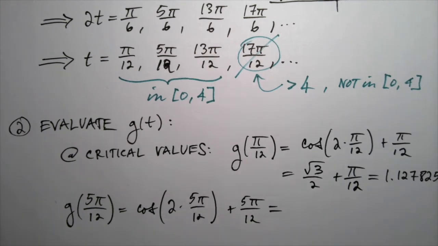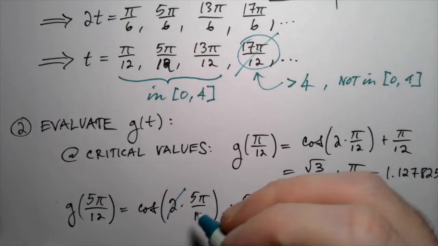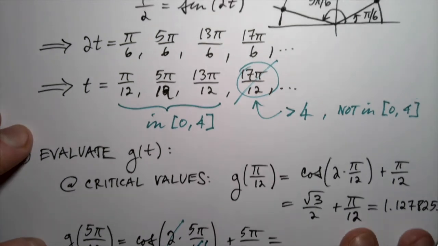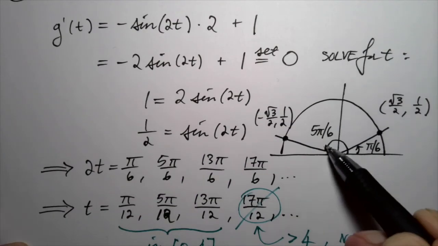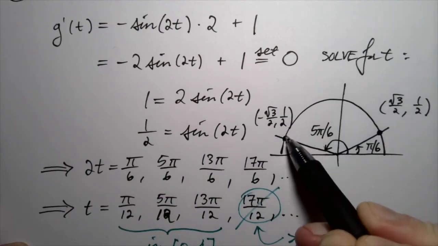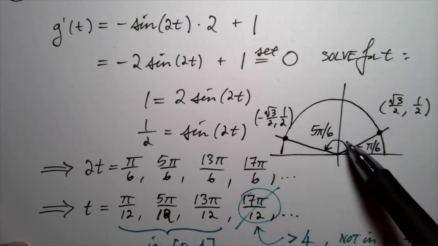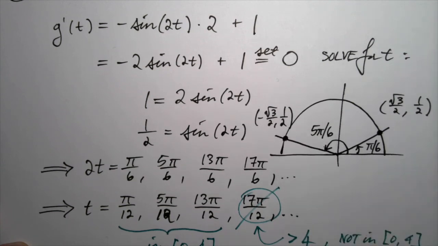If we cancel the 2 from top and bottom here inside the cosine, we're going to be left with 6. So we're looking at cosine of 5π over 6. And we also already discussed that. Remember here at 5π over 6, it's the exact same values except the x-coordinate is negative. Cosine is the x-coordinate, so the cosine of 5π over 6 is minus root 3 over 2.